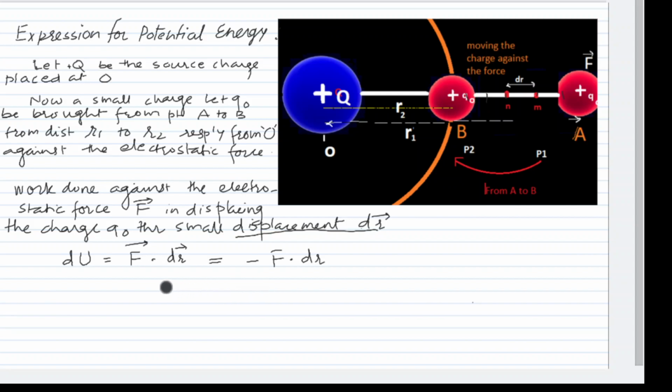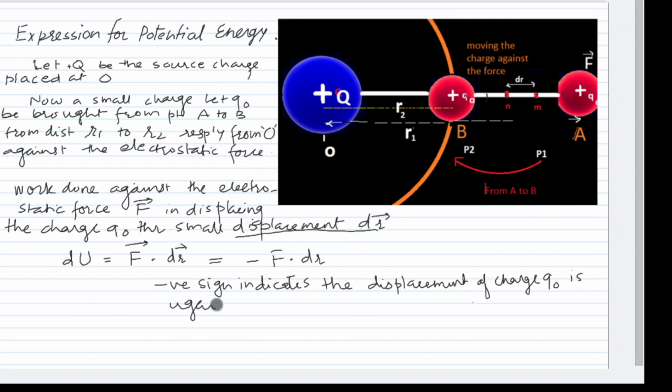So what does the negative sign show here? Negative sign indicates the displacement of charge Q0 is against the electrostatic force.